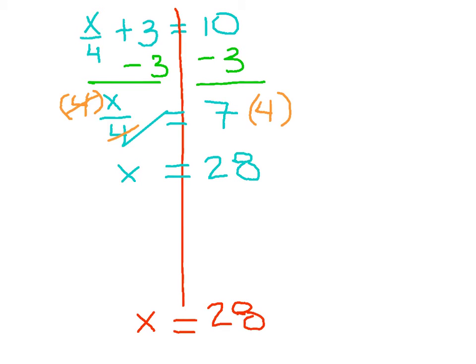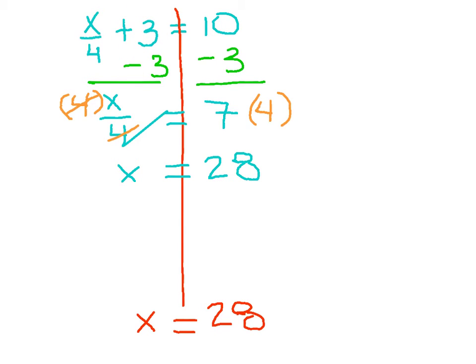Now really quickly, just to go through that again, the first thing I did was, I want to get x. Remember, my job is to isolate that x. So I have x divided by 4 plus 3 is equal to 10. So I'm going to do the opposite of everything. The first thing I'm going to get rid of is this plus 3.